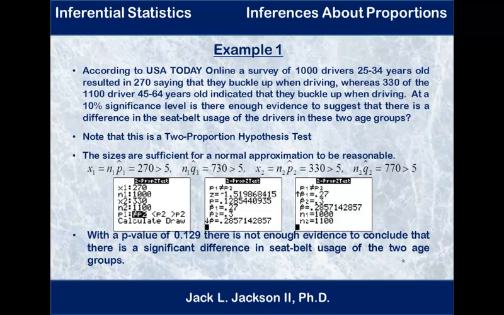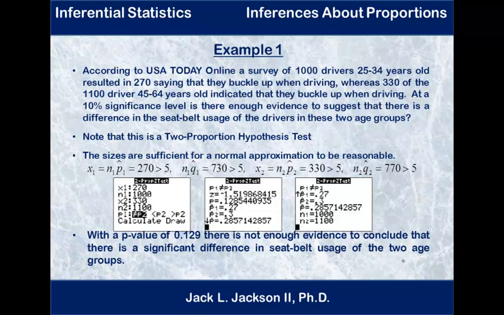It said a difference, so it's a two-tailed test, so we'll do p1 is not equal to p2. The null hypothesis is always that p1 is equal to p2, that the proportions are the same. And so we calculate that test.